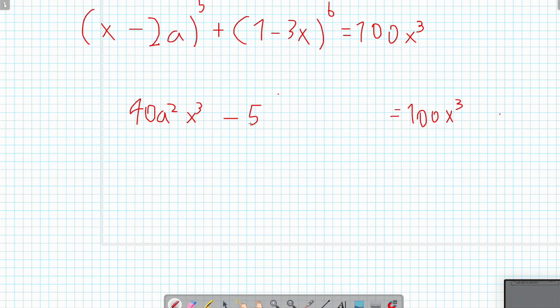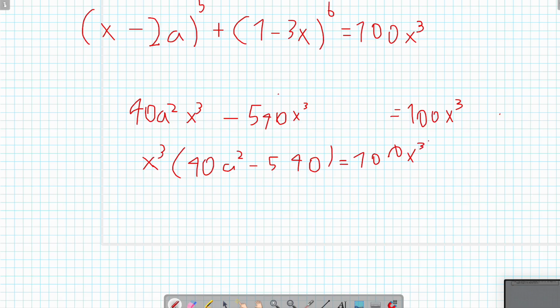Now we can factor x cubed, so x cubed into 40a squared minus 540 is equal to 100 x cubed.